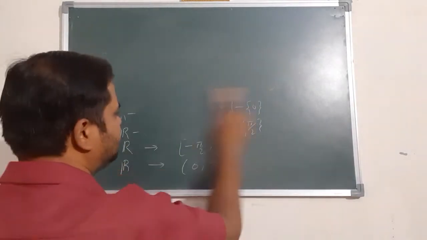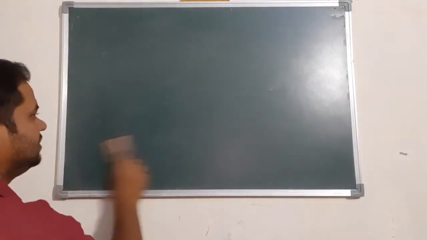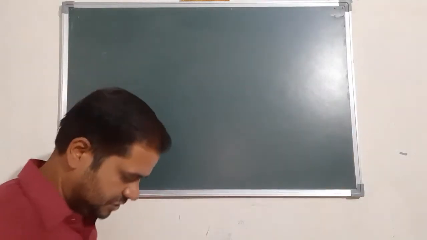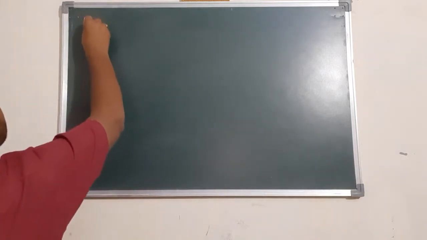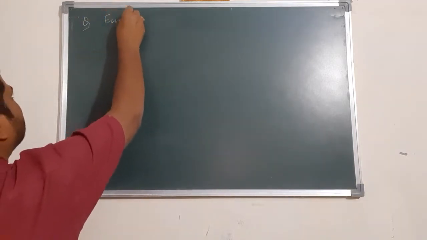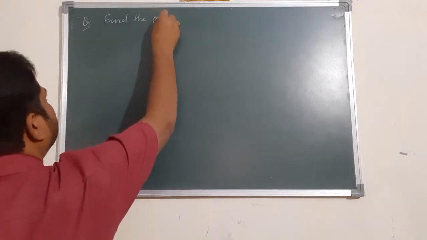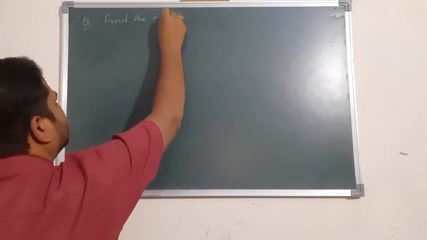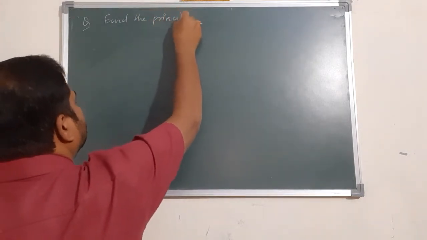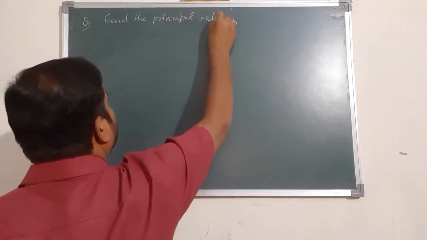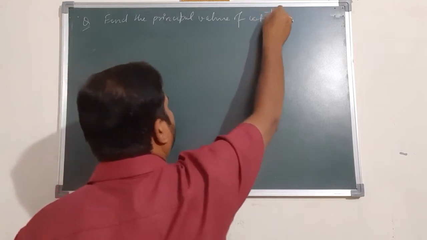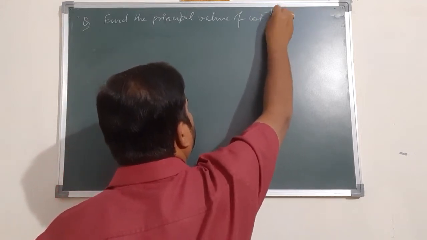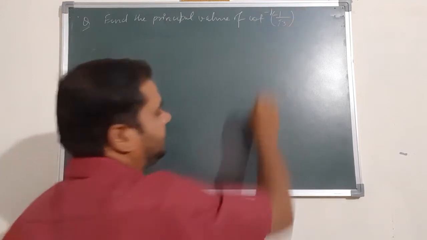Okay, so see the question. Suppose we are given a question. Find the principal value of cot inverse minus 1 by root 3.